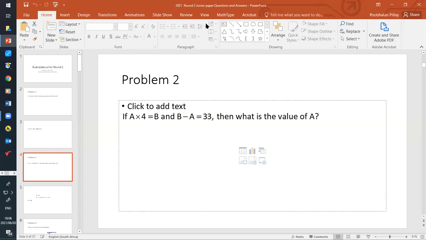All right, so 4 times a, 4a, is equal to b, so b is 4 times a. And the difference, b minus a, is 33. So b is 4a, according to that.